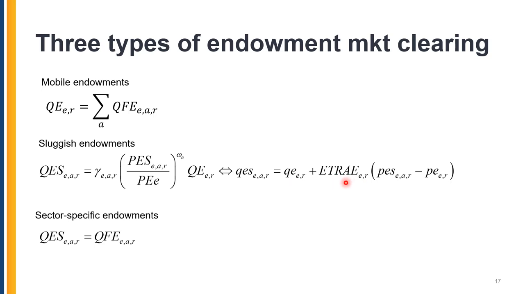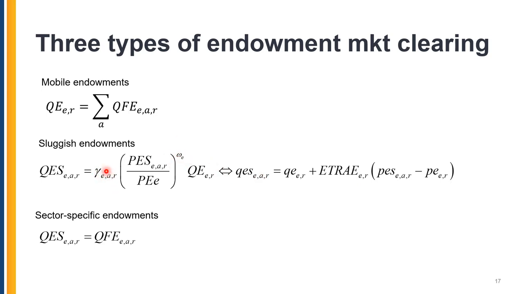And then it's going to have a second term which says what is the price, or the net return, or the percentage change in the return for supplying to this sector versus the average return. Okay, and so you have this elasticity here. It's called the elasticity of transformation. It is related to this.